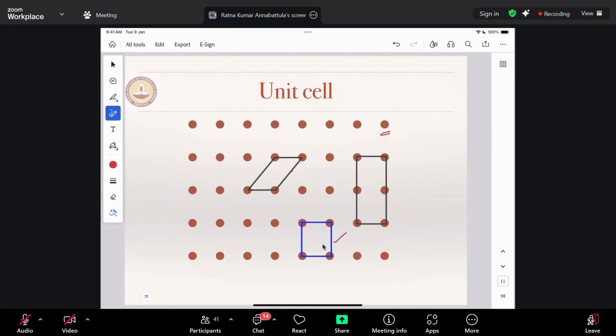This is one unit cell that is possible. This is one unit cell that is possible. This is another unit cell that is possible. What is the meaning of saying that this is a unit cell that is possible? Meaning, if I take this unit cell, I call these two as lattice vectors. This is lattice vector 1, let us say E1 and E2.